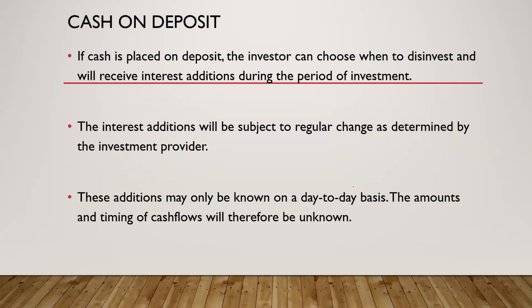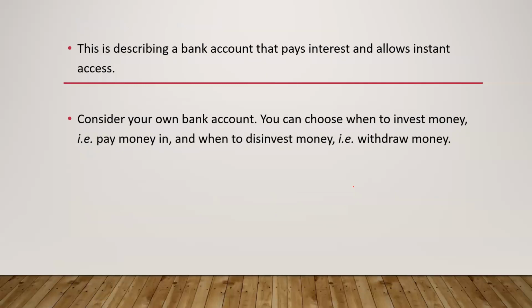Accordingly, these interest additions will be subject to regular change as determined by the investment provider. So it will be like depositing your money in a particular bank account where you will receive returns, depending on the tenure, on a yearly, quarterly, or monthly basis. So this is one method of cash flow scenario.